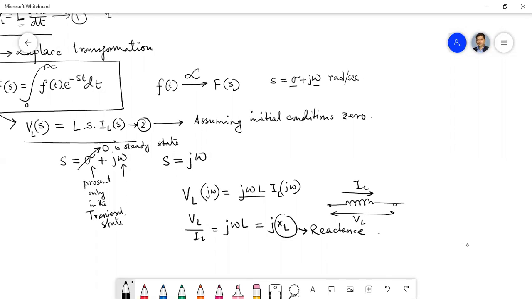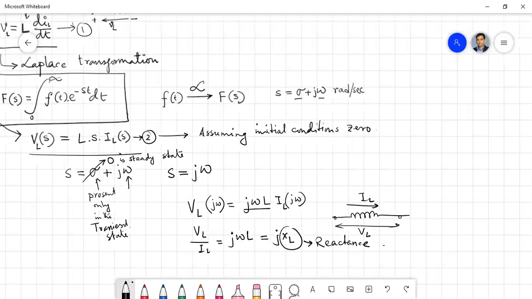In a nutshell, reactance is the product of the angular frequency of the supply and the inductance value of the coil or winding. So that is the difference between inductance and reactance.